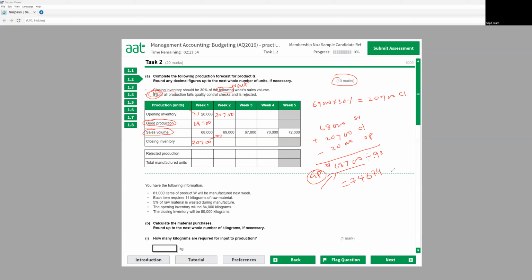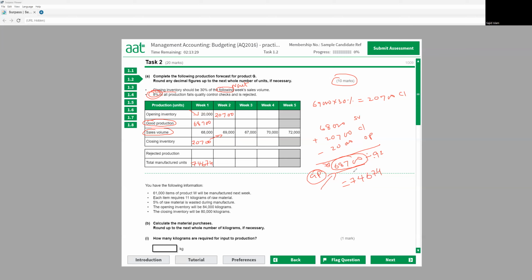Obviously, after minus 8%, I will still have 68,700. So we have 74,674 to produce. And if I produce this amount, even after the rejection of 8%, I will still have 68,700. This is the one we need. So now we have to see how much is the rejection.